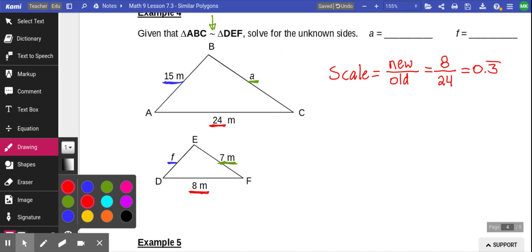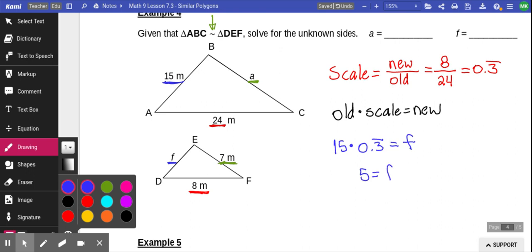That now tells me my scale. Using my scale, I can do the formula old times scale equals new. Let's try to calculate F first. That means if I took 15 and I multiplied it by my scale of 0.3 repeated, it should equal my new side length F. If you do that, 15 times 0.333333, and you're going to have to put all those threes in your calculator, I end up getting 5 equals F. And that gives me one of my new side lengths.